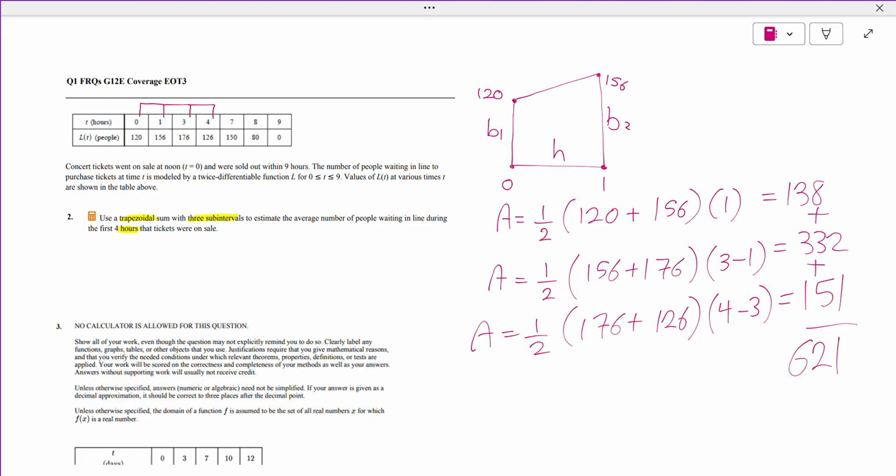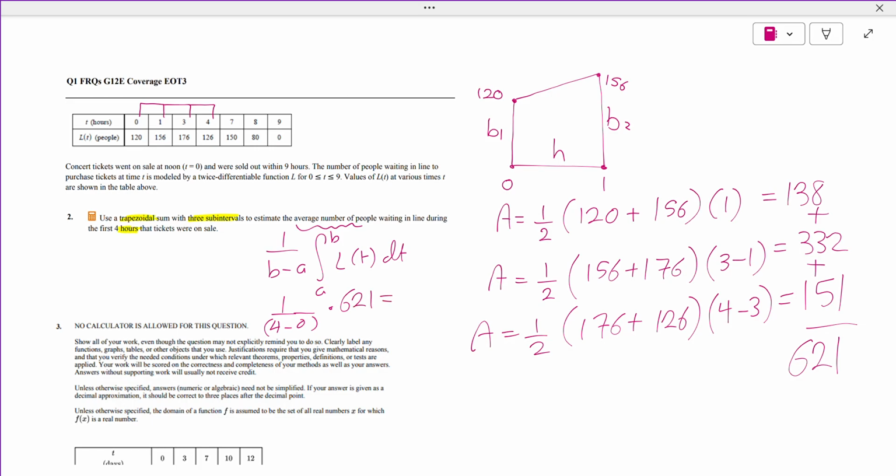Going back to the question, to estimate the average number of people, it's 1 over B minus A times the integral from A to B of L of T, dt. So this is going to be 1 over 4 minus 0 times the answer that we just got, which is 621.